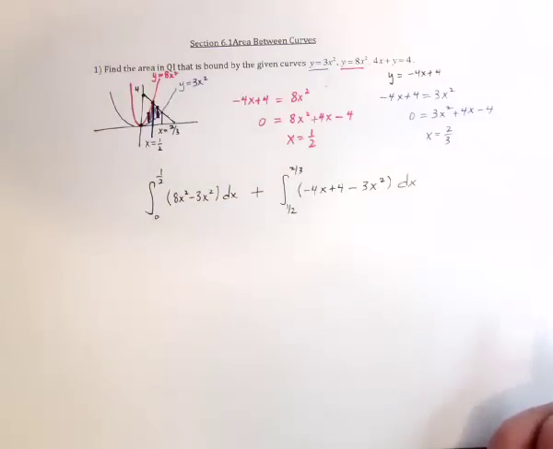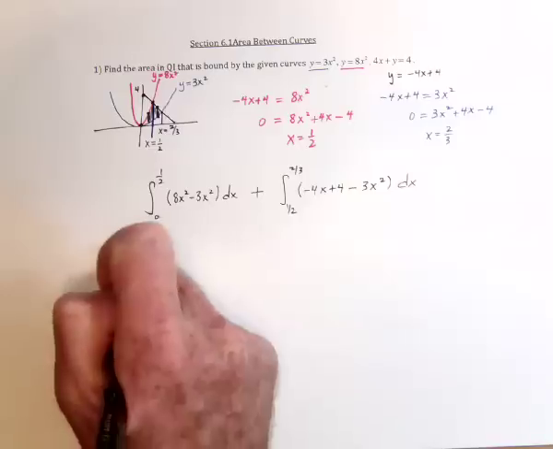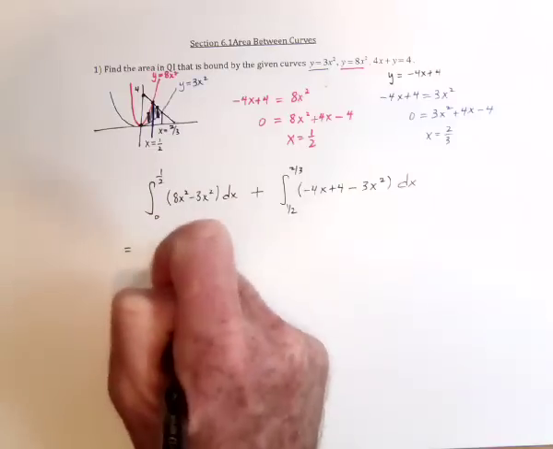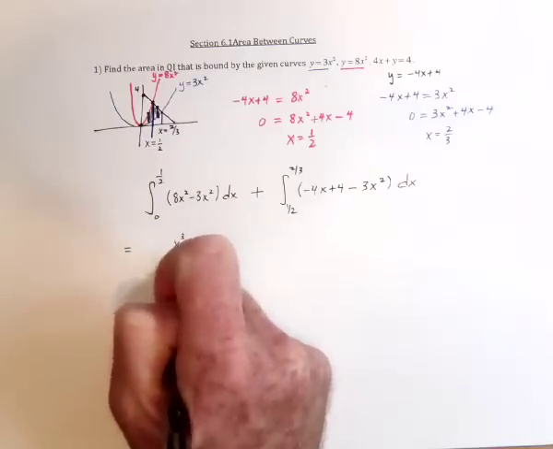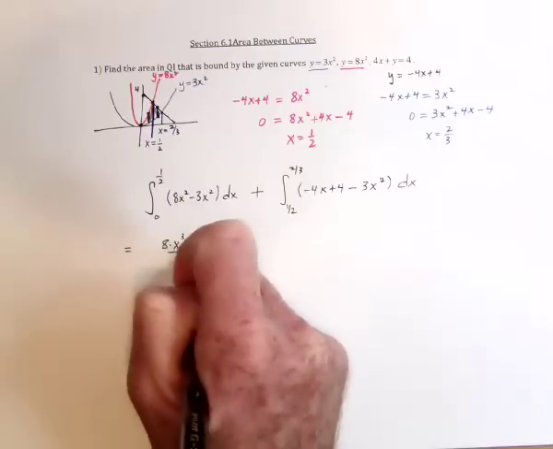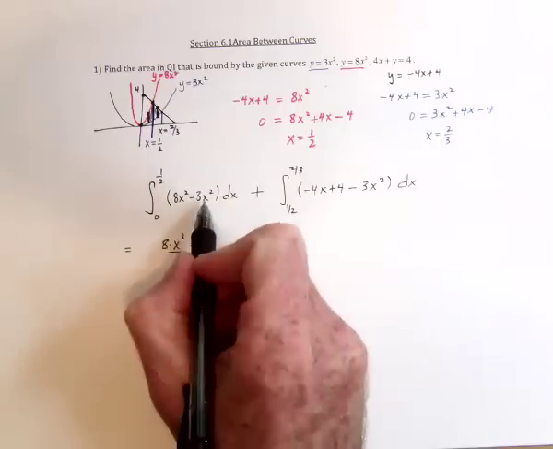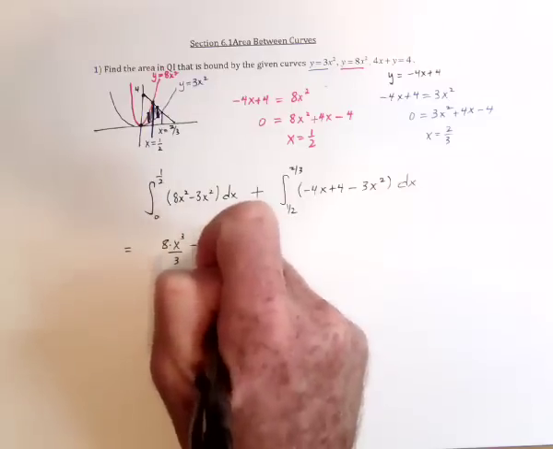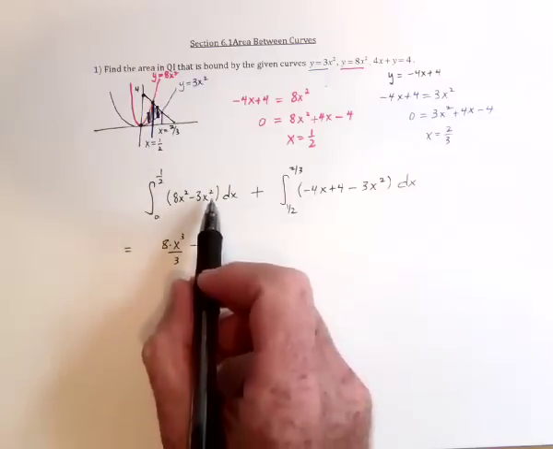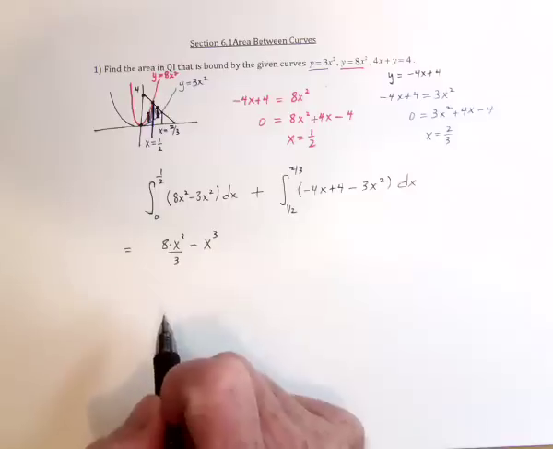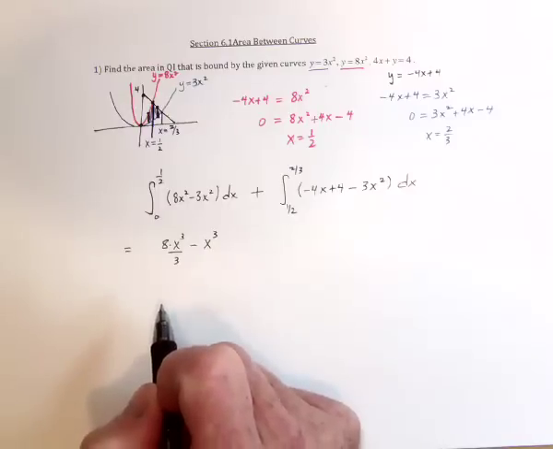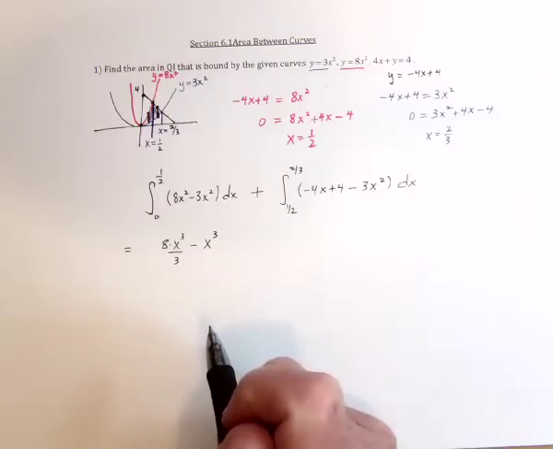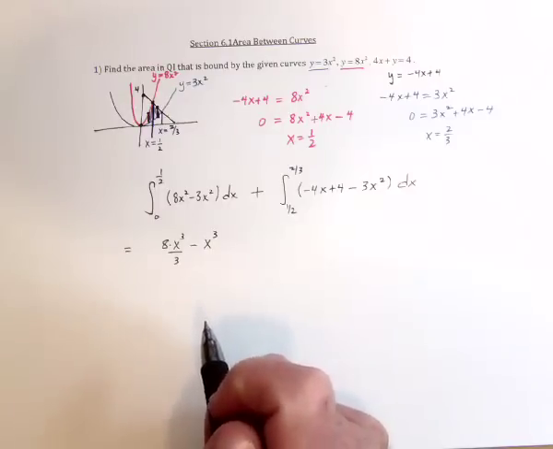Well, that took a bit of work to get it set up, but the actual integrals are going to be pretty easy. This one is going to become x to the 3 over 3 with an 8 still there. This one will become, well, this is actually the derivative of x cubed. Because I guess I could have just done algebra first. Oh well. That's fine.